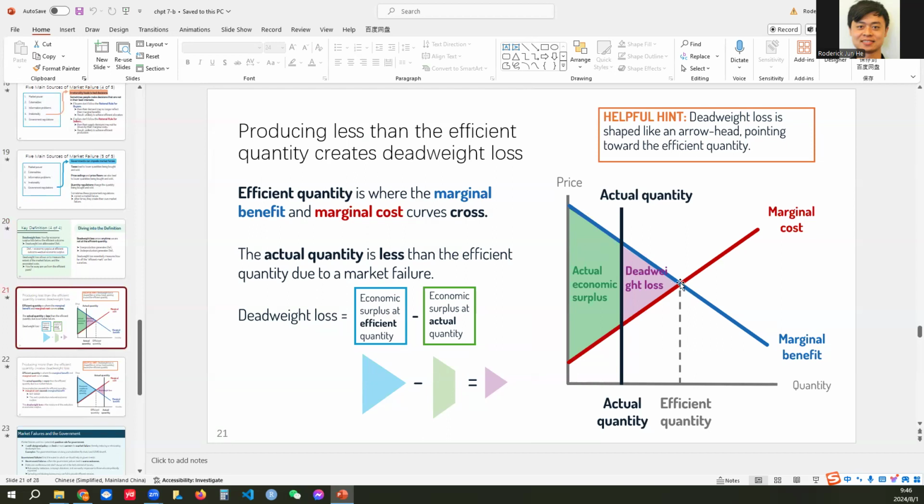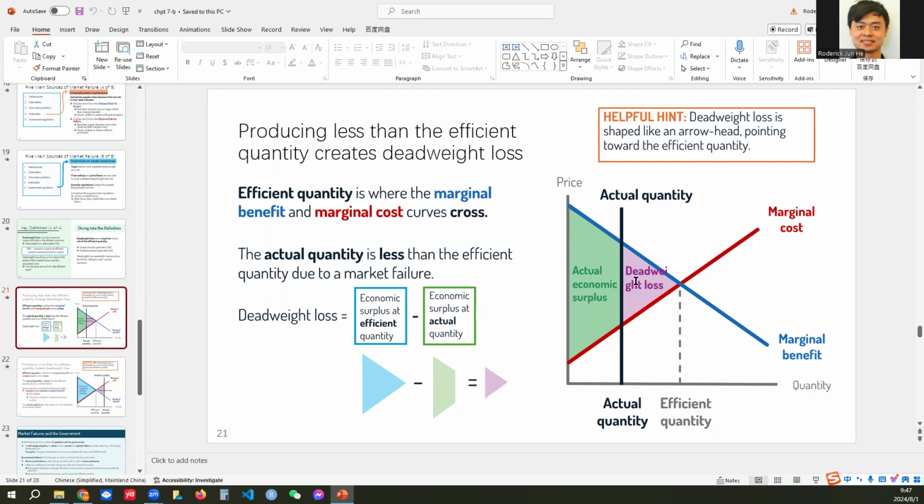So what happens is originally the entire triangle will be obtained if the market is left to operate by its own. But now after this artificial interference or control, we would only have this much as our equilibrium. Still, say if the price is somewhere in between, then the upper wedge is going to be the consumer surplus. The lower wedge is going to be the supplier's surplus, the producer surplus.